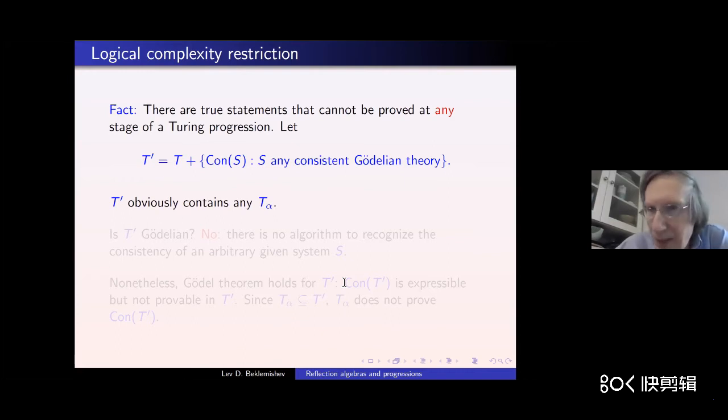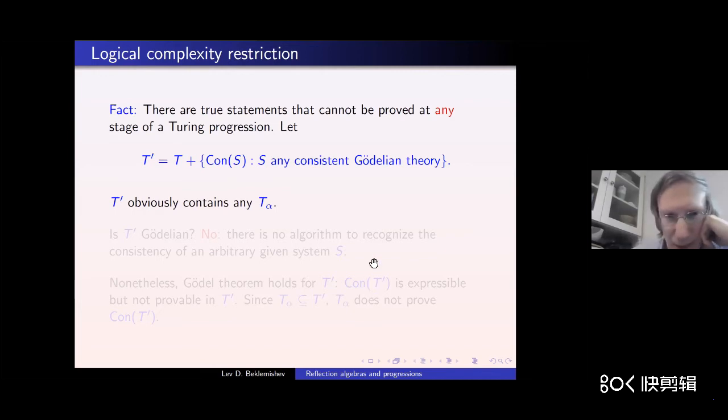So T prime extends T by a countable number of true pi1 sentences. Since a Turing progression, starting with, let's say, a sound theory like Peano arithmetic, only adds true sentences of the form con S, obviously this T prime contains any theory of any Turing progression that we consider. So T prime is stronger than any of them.